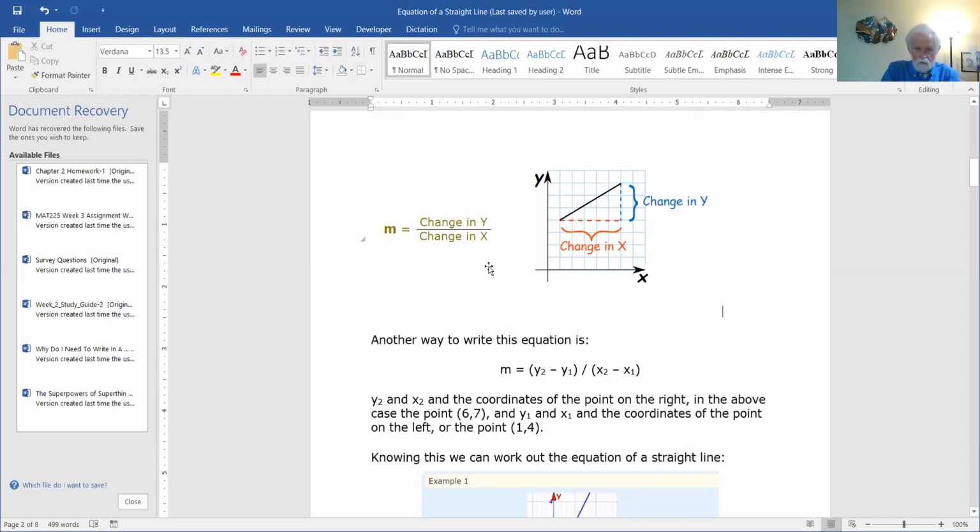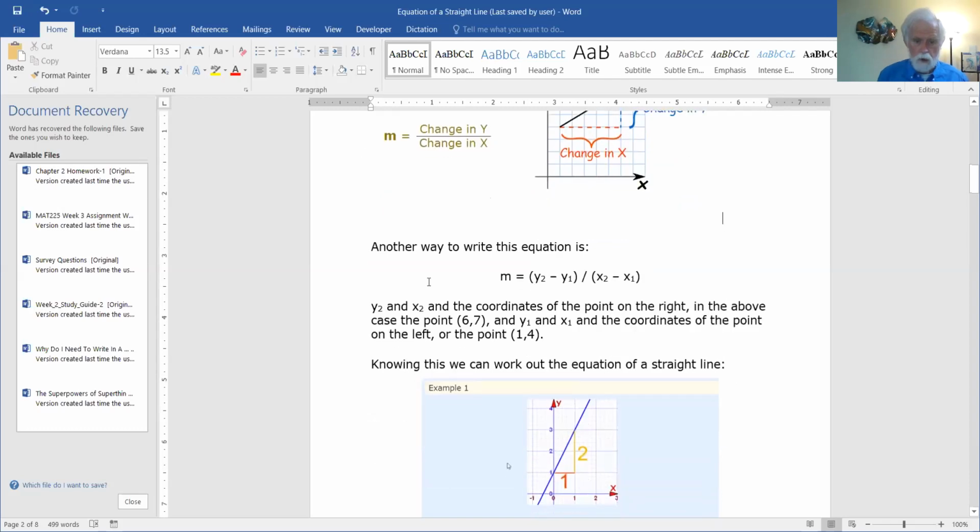So we're dividing 3 by 5. So the slope in this case is 0.6 if we do the math. Slopes don't have to be integers. In fact, most of them are not, except in math problems where we make it easy to learn the concepts.